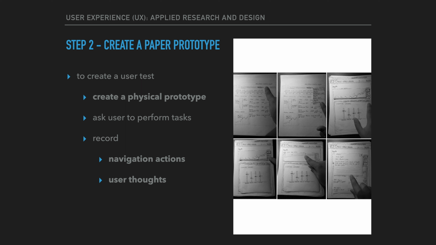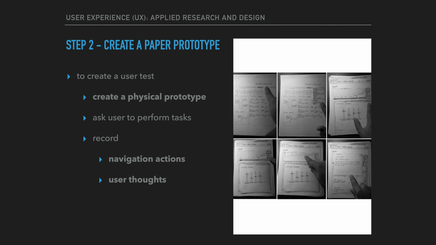Ask the user to speak out loud so that you may hear their thoughts as they make decisions throughout the task. The easiest and most efficient way to record all the required information is to use a tripod in concert with a smartphone. This will allow you to both see the physical use of the prototype and to hear the audio of the running commentary.